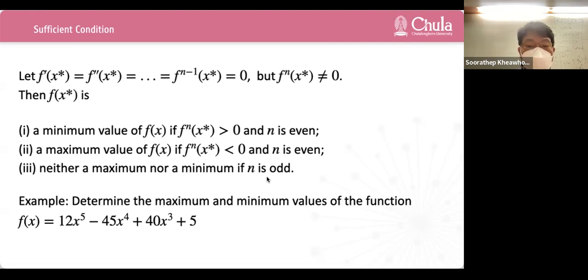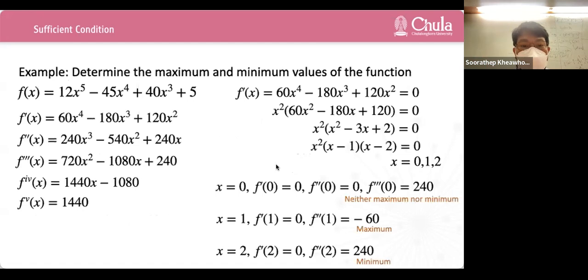So what about the case where n is odd? If n is odd, okay, that point is neither maximum nor minimum, okay. For example, we see this example, okay, we have 12x^5 minus 45x^4, right, plus 40x^3 plus 5.